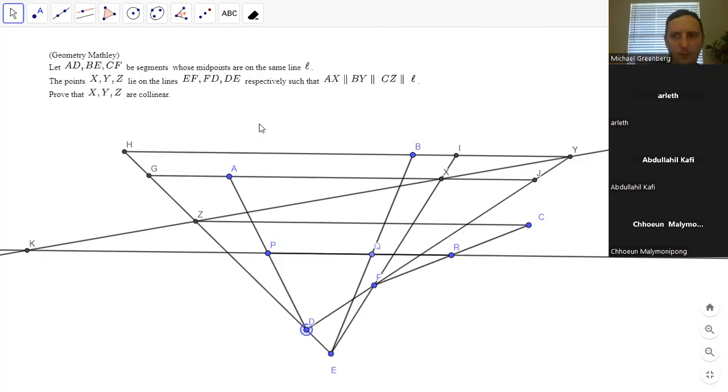Let's see. We could spend another like 15 minutes on it, or I don't know, maybe 10 minutes, then move on. So we can try to calculate the distance from X, Y, and Z to this line.